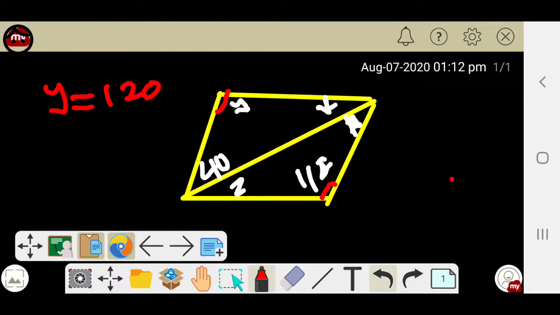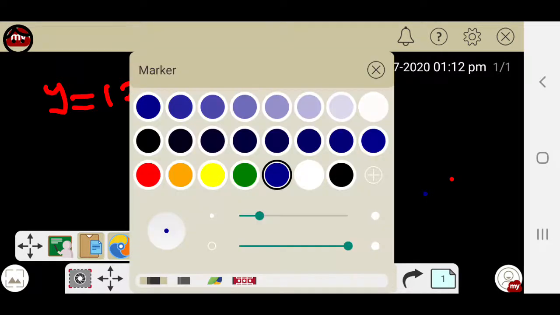Then here it is given that y is 112. This is the adjacent angle of this 112. These two angles are adjacent. Adjacent angles are supplementary.